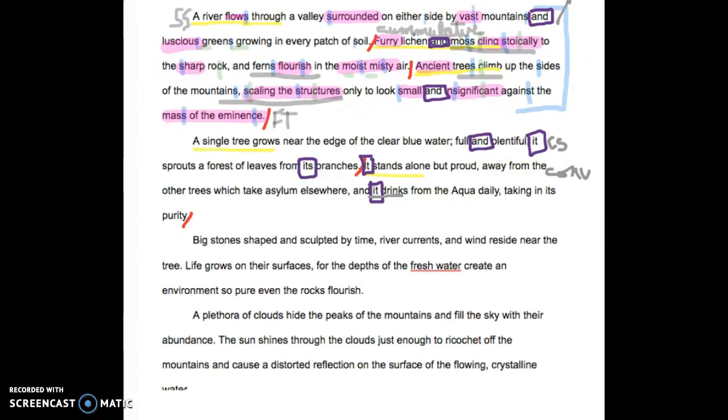As you're annotating your piece, you need to decide what the overall mood of the connotative diction is, what mood is being implied, and what the feeling is from the piece. There's vitality in this, there's life, there's stubbornness, there's tenacity, and so one of those words would work really well here.